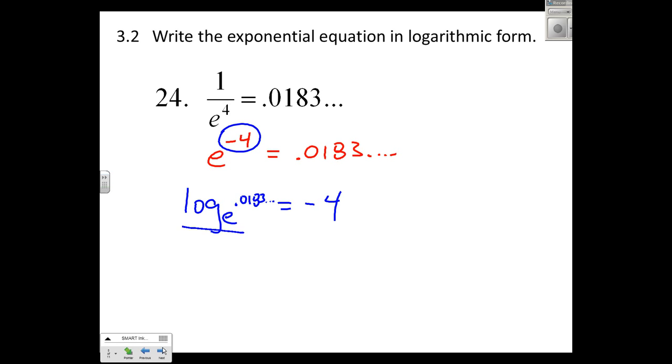Or log base e, of course ln, of 0.0183 and so on is negative 4. So negative 4 is the exponent that turns e into 0.0183.